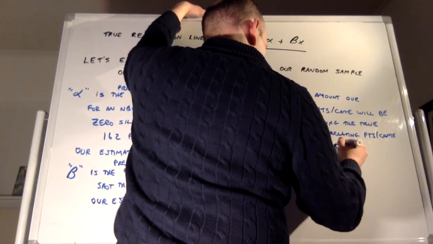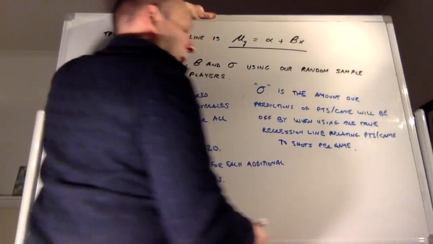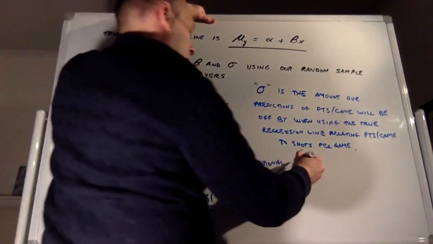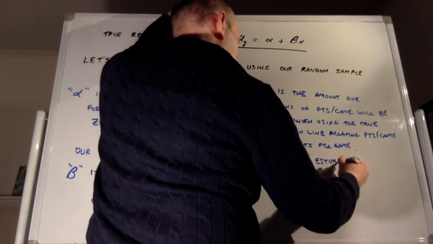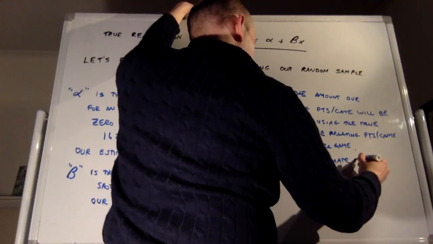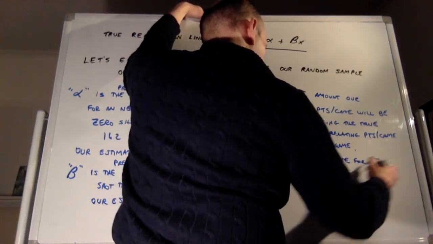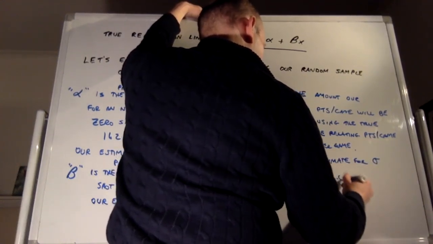Of course, we didn't calculate sigma, but we did get S, our estimate for sigma. I might have erased it, but I remember what it was. Our estimate for sigma is about 2.0 points.